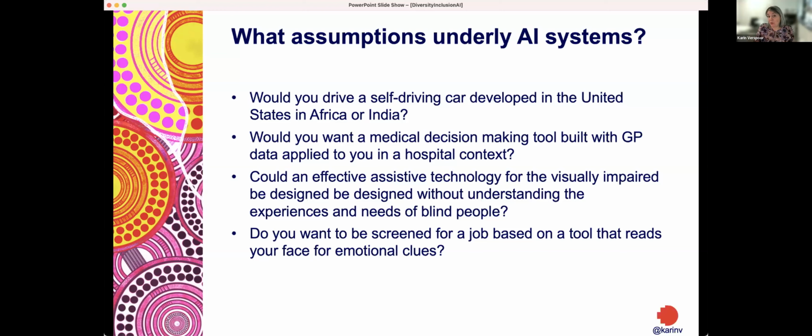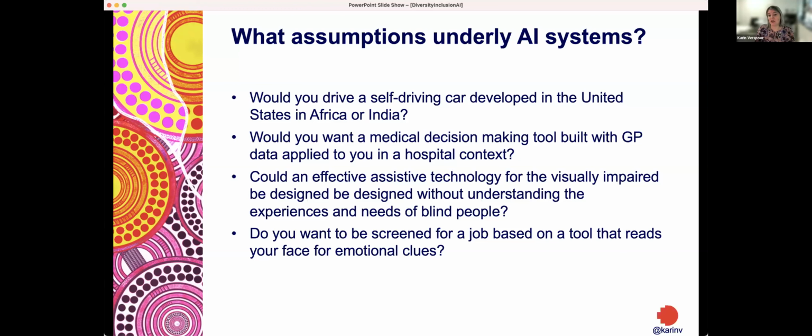Would you be able to design an assistive technology for a visually impaired person without actually understanding or talking to blind people? We can close our eyes and think about different ways that we might need to accommodate this, but it's really quite difficult to imagine what life is actually like without understanding the real world experiences.